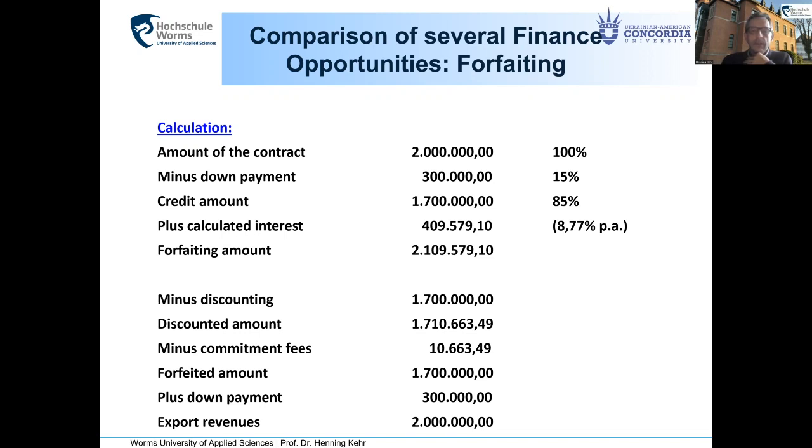But now the question is, and here I made the calculation before, the importer has to pay interest on the open part of the receivables. That means the not paid receivables of 8.77% per annum. So these are at least 409,000.